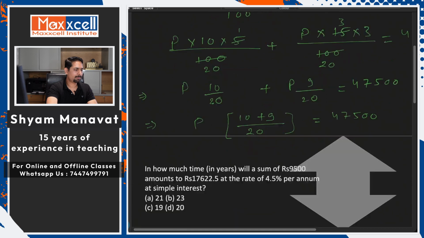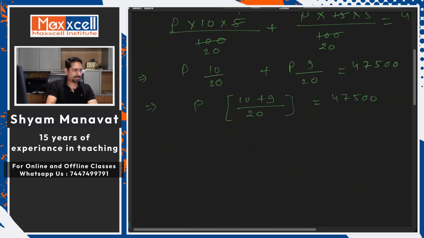Now you can cross multiply and find the principal. Principal equals 47,500 into 20, divided by 10 plus 9, which is 19. Can we cancel by 19?